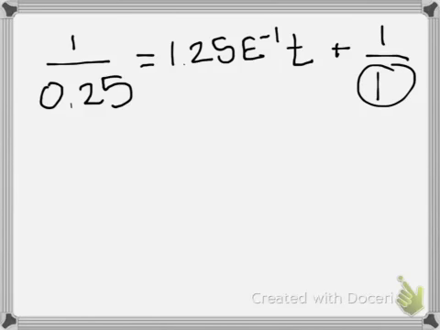So 1 over 1 is 1, obviously. This leads to one equation with one unknown, and when I solve, t is equal to 25 seconds. It's pretty easy, right, if you know which integrated rate law to use. And the integrated rate law equations will always be given to you on an exam.